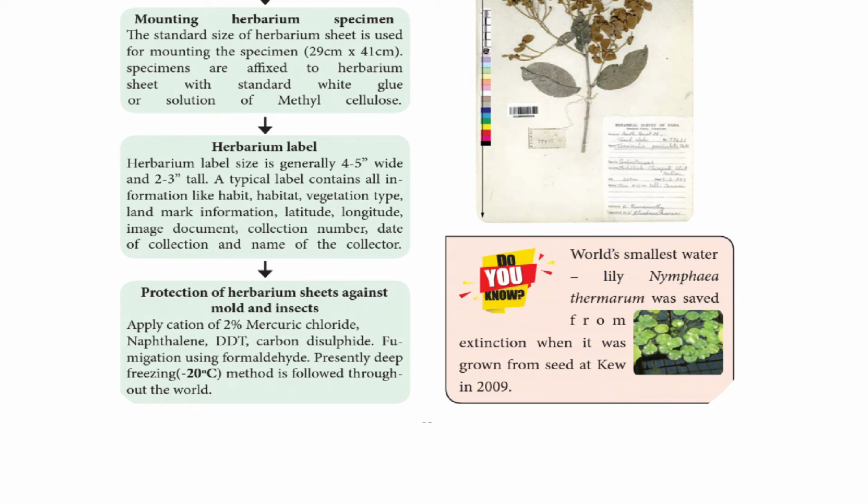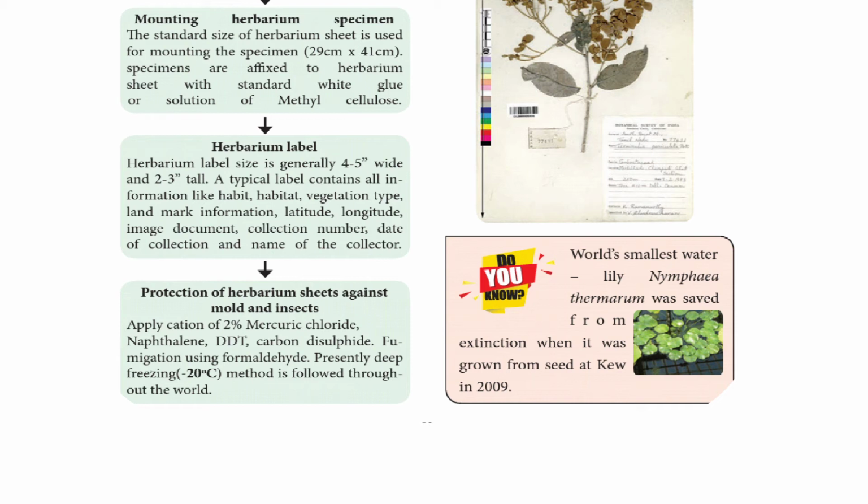A typical label contains all information like habitat, vegetation type, landmark information, latitude, longitude, image, document, collection number, date of collection and name of the collector. So all this is given here, in this herbarium label you can see these are the information they provided.